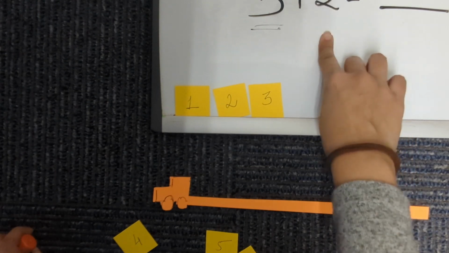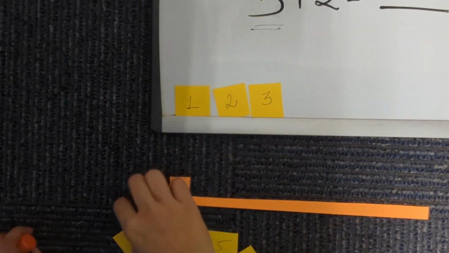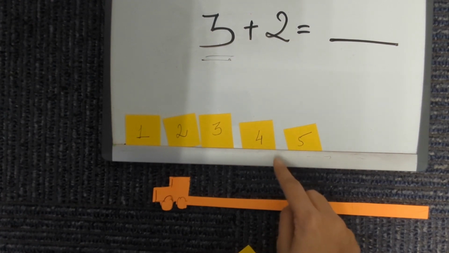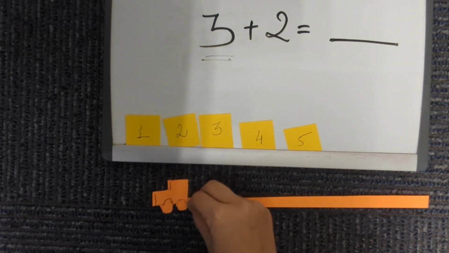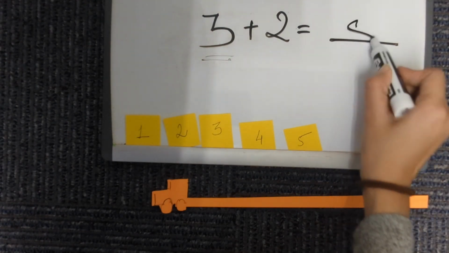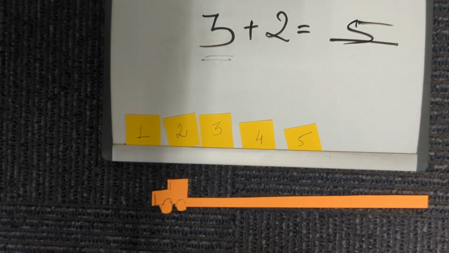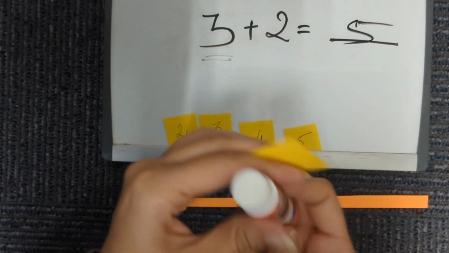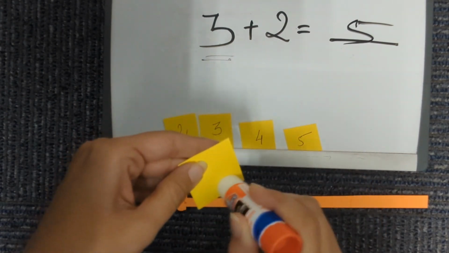It is 2. So I will take 2 more compartments, which is 4 and 5, and I will try to stick this on my chain. So the answer to this question, 3 plus 2 is 5. And now I will use my glue stick to stick all these compartments on the train. So let's just begin with the very first compartment, that is 1.